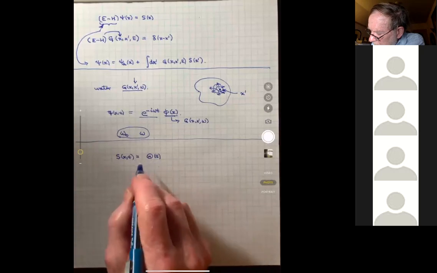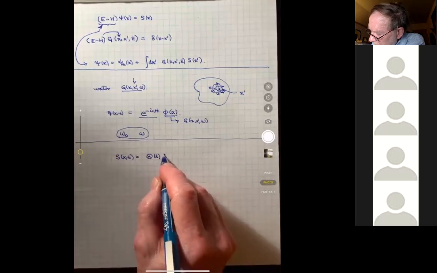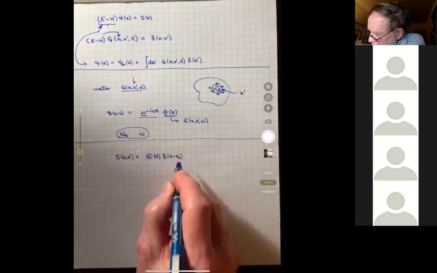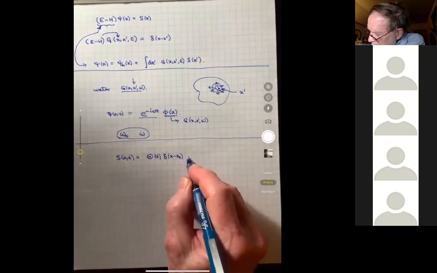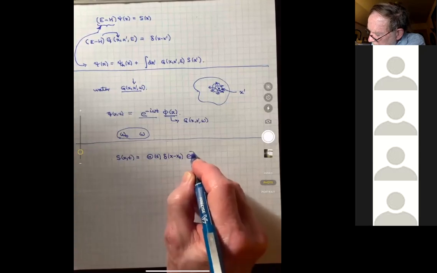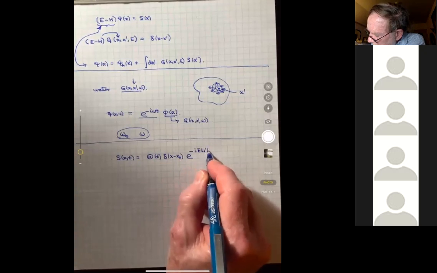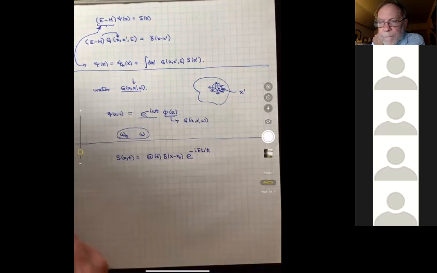So this is 0 for negative t. We'll make it spatially localized at a location, let's call it x naught, so it's a delta function like that. And we'll give it a fixed oscillatory time dependence, e to the minus i E t over h bar, where E is an energy-like parameter.